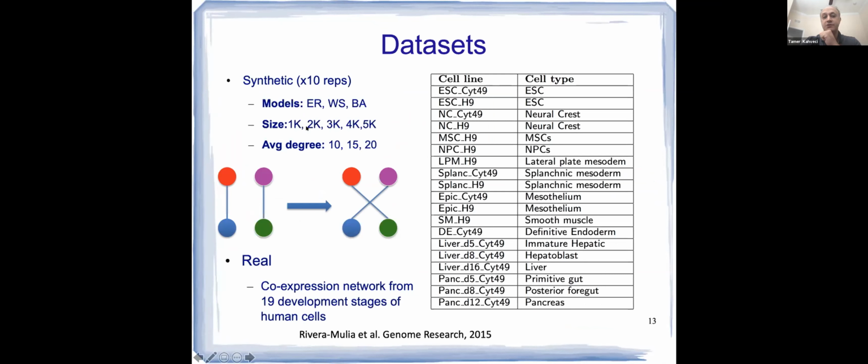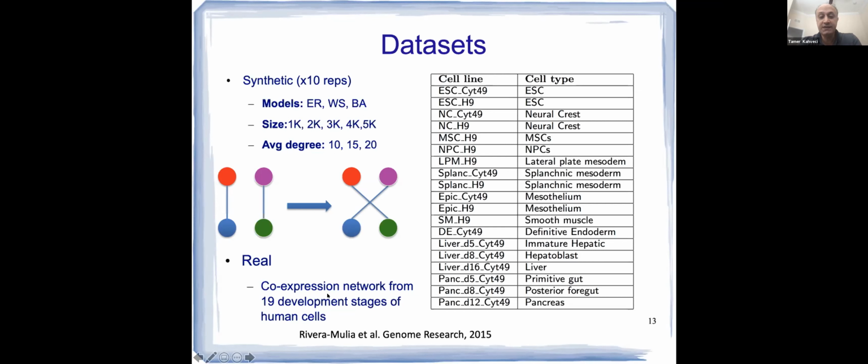We generated networks from 1,000 to 5,000 nodes with average degrees from 10 to 20. For each combination of parameters, we generated 10 random networks. And for each of those random networks, we created a sequence of 1,000 evolutionary steps by random shuffling of edges using degree-preserving shuffling like this.